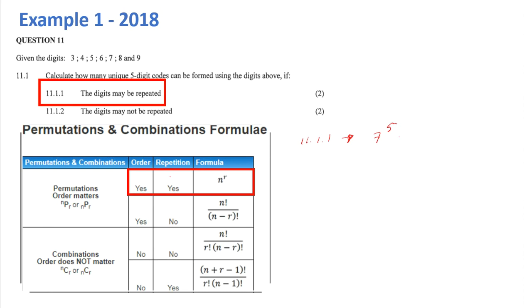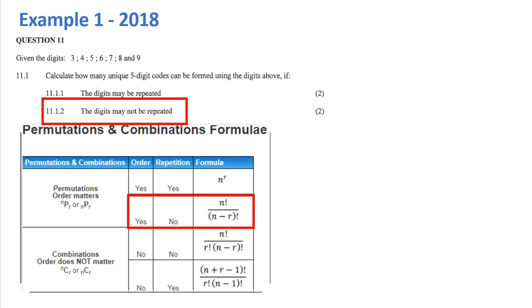Then for the second part, digits may not be repeated. What that in essence means is you can't have, for example, 2 3s in here. That's not allowed. That's what's meant by repetition or no repetition, just for clarity.